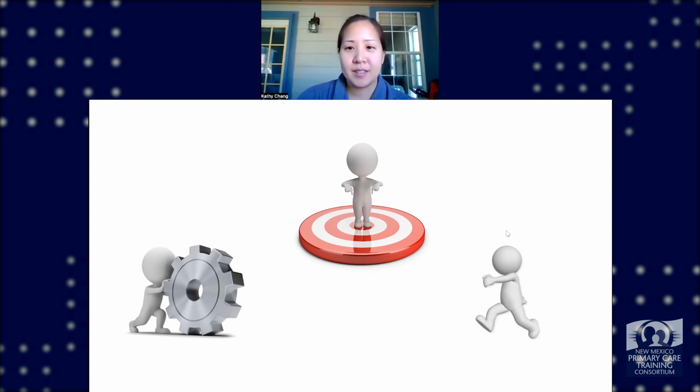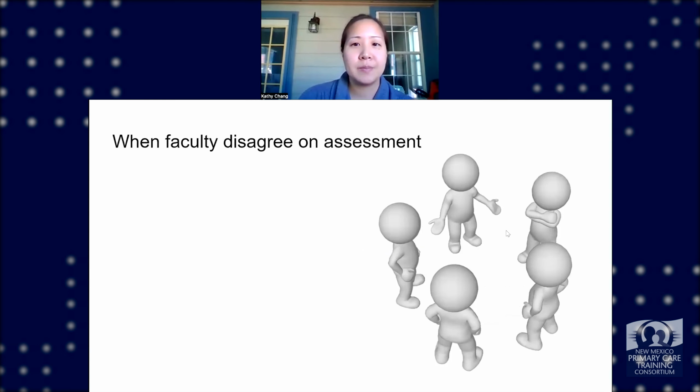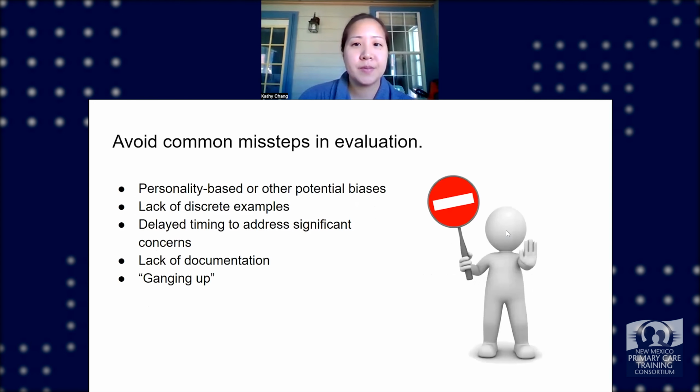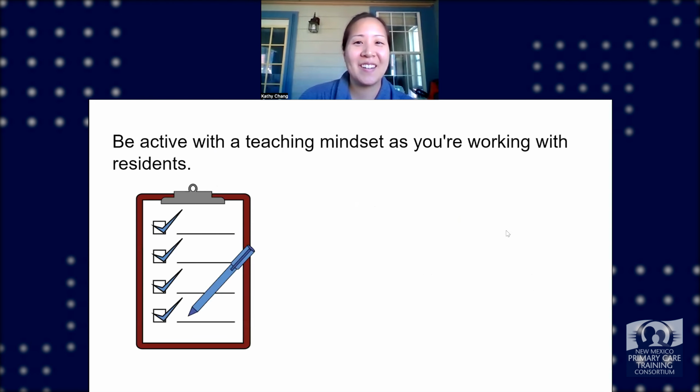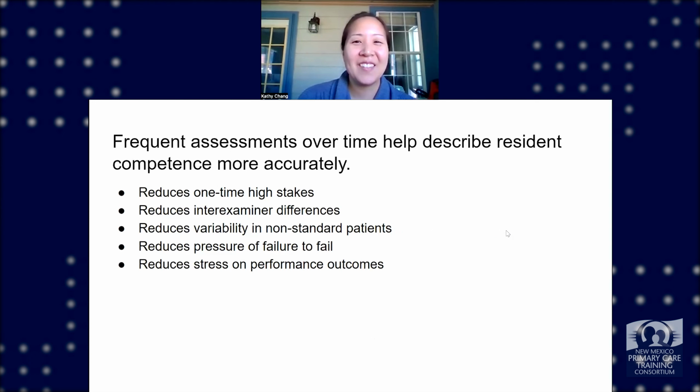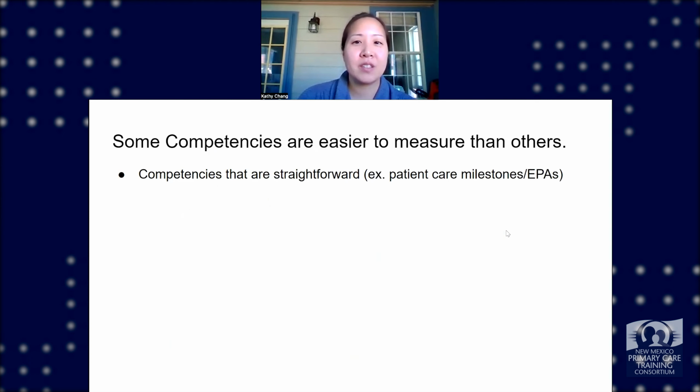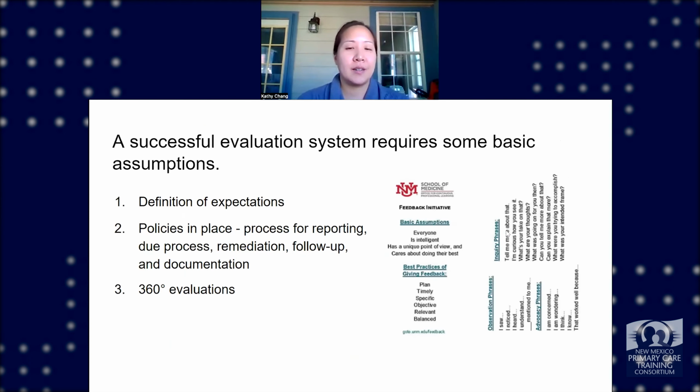I think going back to some of those things, go all the way back, sorry, to this feedback with good judgment, right? Going back to centering yourself around that everyone is intelligent, has a unique point of view, and cares about doing their best, right? And then starting there with that inquiry and saying, let me better understand the situation from your point of view, and starting from there, right?